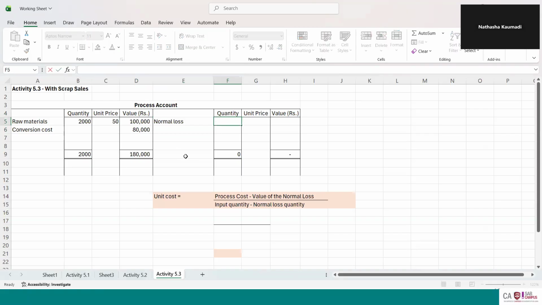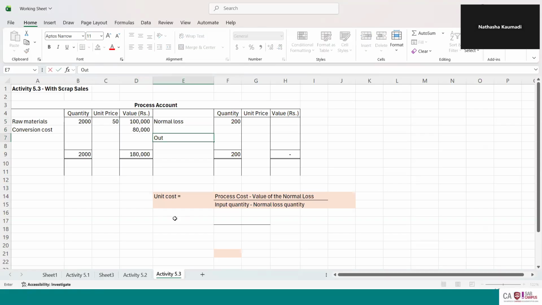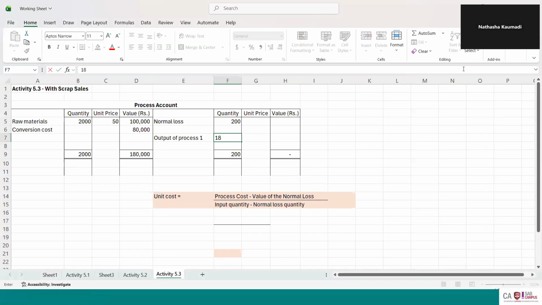Normal loss 10% means 2000 multiplied by 0.1, 200 units. And then output of the process, remember it's different. Output of process 1, even though it's 1720 in our activity, it's 1830. Right. So I'm writing the updated amount, 1830. Okay, so those are the things we need to write given in the question. Done.